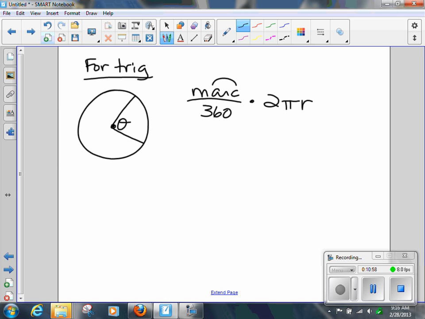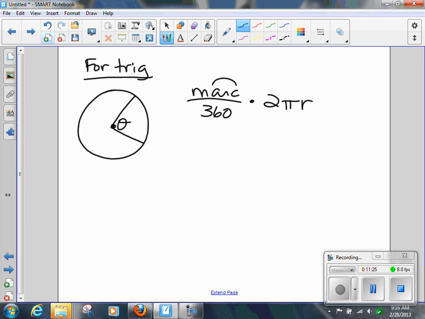And I told you that theta represents what? What does theta represent? We do use the theta in the cosine, the sine, the tangent, but it's always the angle measure. It is the cosine of that angle, the sine of that angle. So when I have theta drawn in this circle, we're talking about this angle, theta, correct?